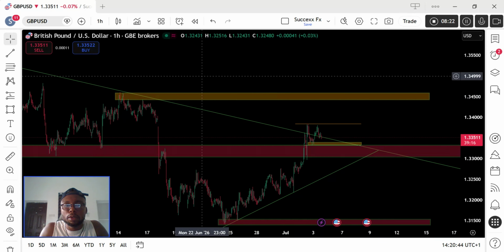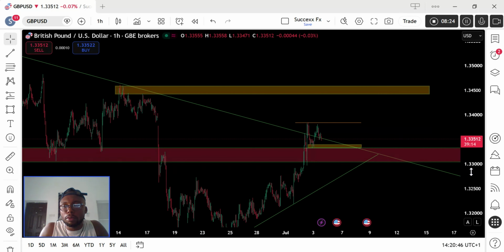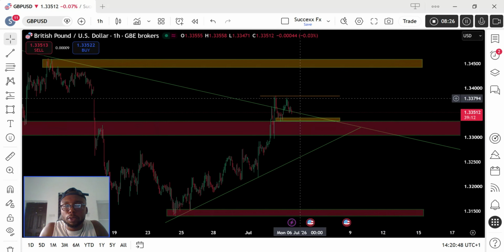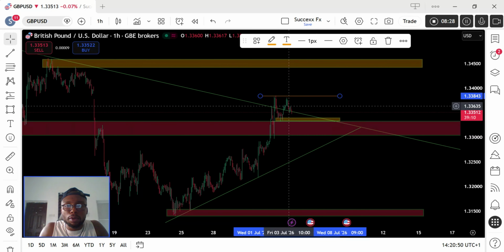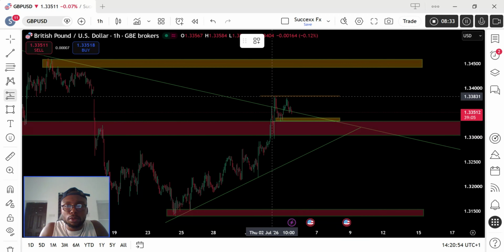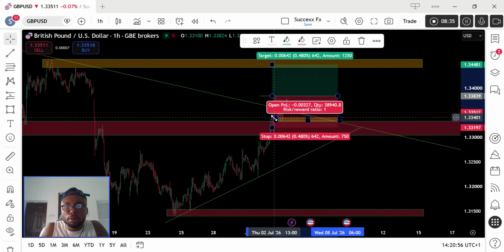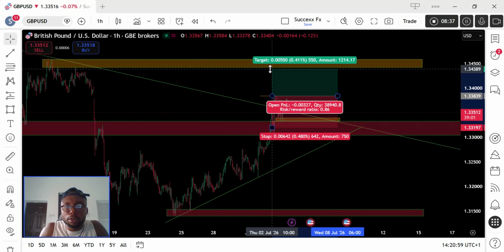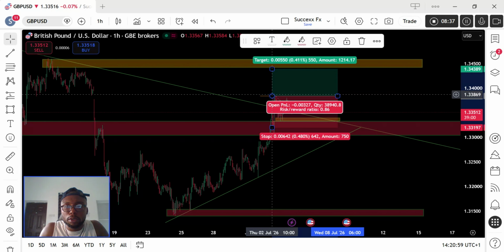Yeah. So let's see what happens if we were to buy. We'll buy somewhere around here. But if we do that, let's see if we might be able to get something reasonable for our risk reward. Let's take this off first.